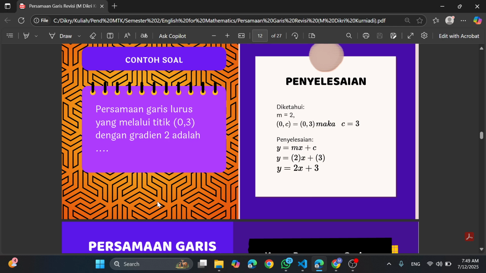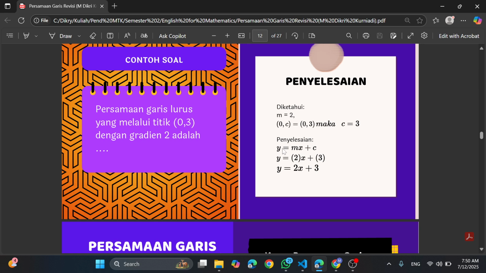Example. Question: the equation of a straight line passing through the point 0, 3 with gradient 2. The solution: given that the point 0, c equals 0, 3, so c is 3.